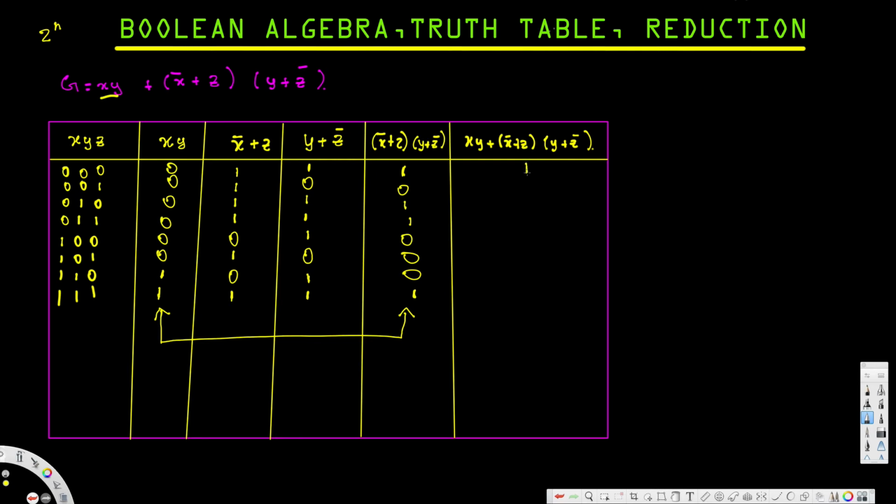So this is 1. Here we have 1 1. The second one is 0, and the third one we have a 1 right here, and in the fourth one we have 1 right here, and the fifth one both of them are 0 0, and the sixth one both of them are 0 0. In the seventh one we have 1, eighth one we have 1. So this is going to be the final output of G, and that's how we derive that.